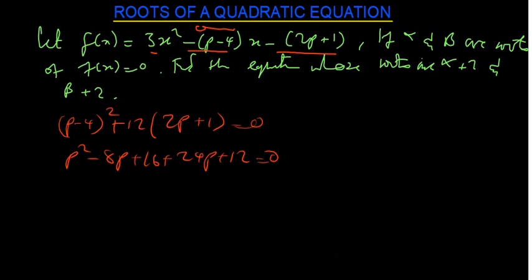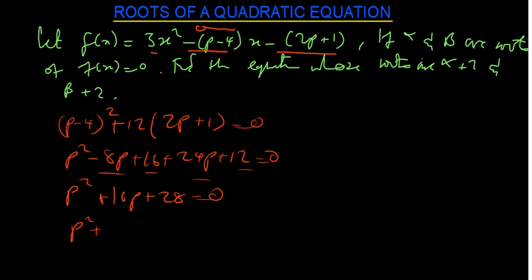So if we simplify, this will give us p squared. These are like terms, so 24 minus 8 gives 16p, then 16 plus 12 gives me 28, and it should be equal to 0. So if we solve for p, what is the product and sum here? What two numbers can give us 16 and 28? It is 2 and 14.